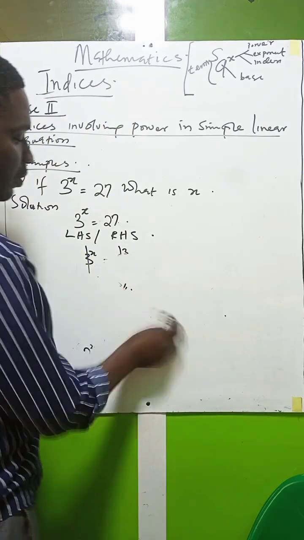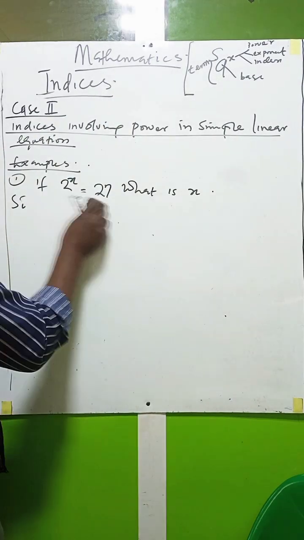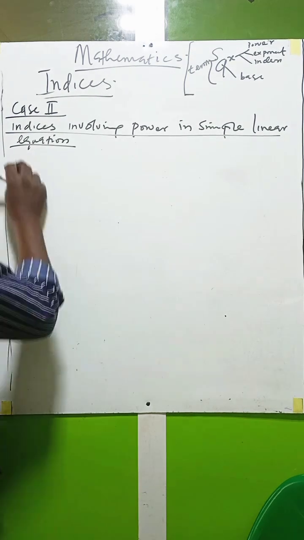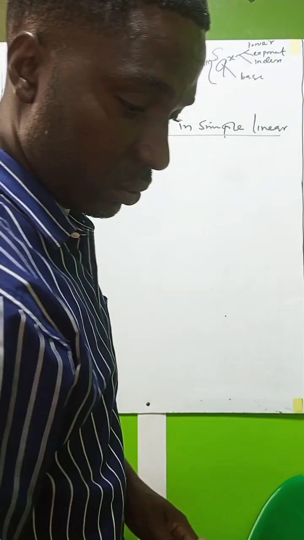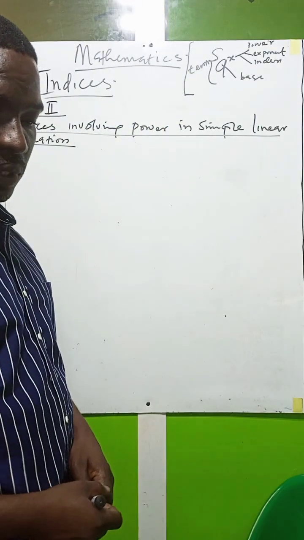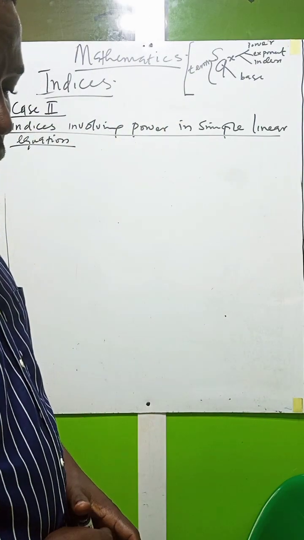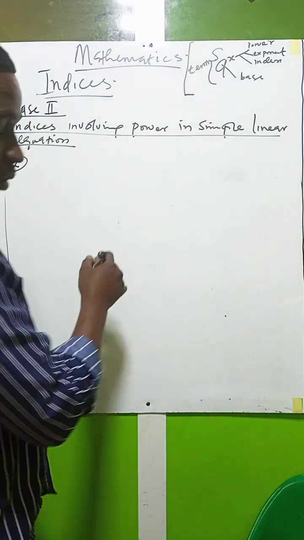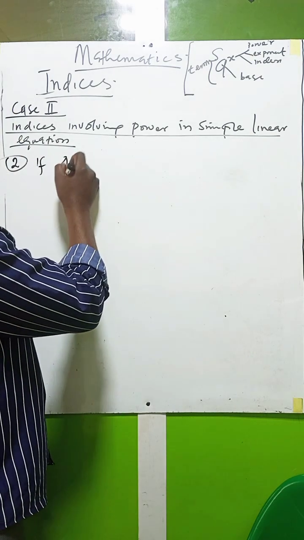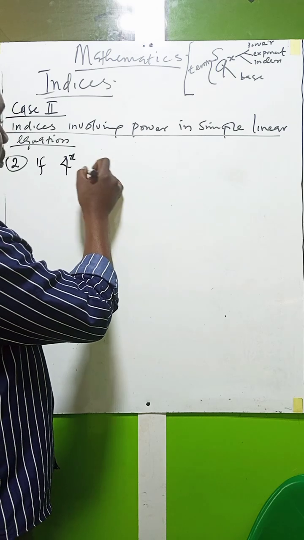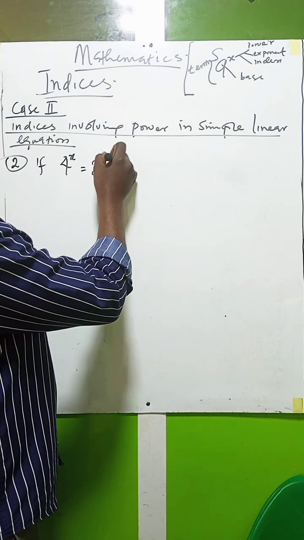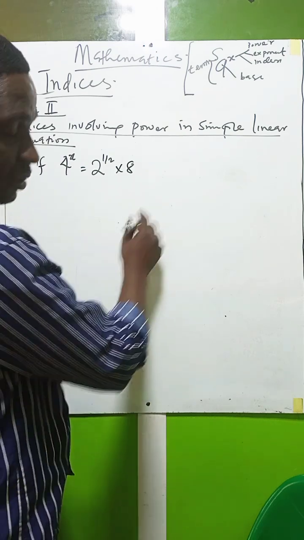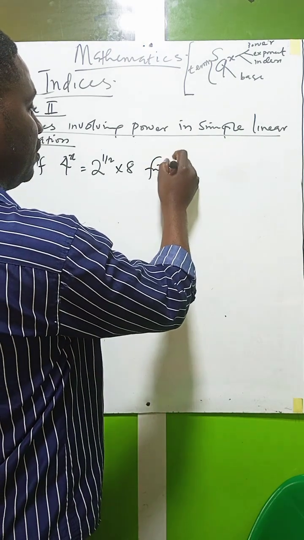Now let's proceed with our class. Still on case 2. Number 2. If 4 raised to power x equals 2 raised to power 1 over 2 times 8, find x.